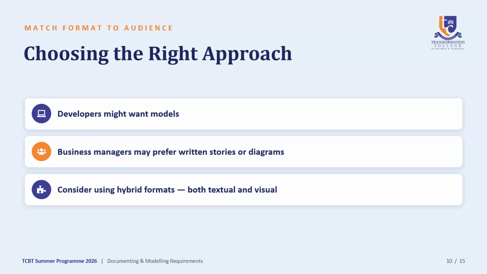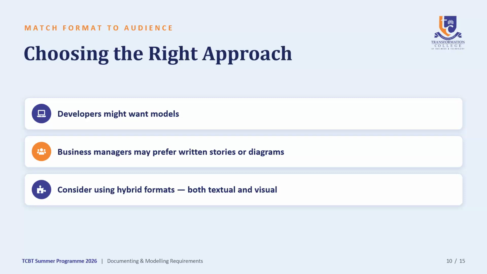Then the third one says consider using hybrid formats, both textual and visual. So number three simply speaks to it all. The best approach, the right approach, is a combination of documentation and modeling requirements. So documentation, the text; modeling, the visual.